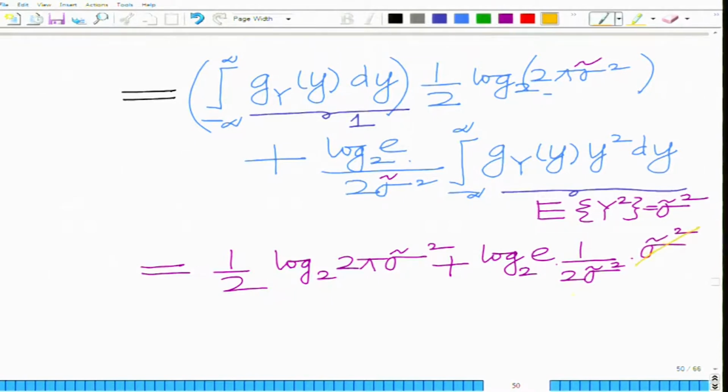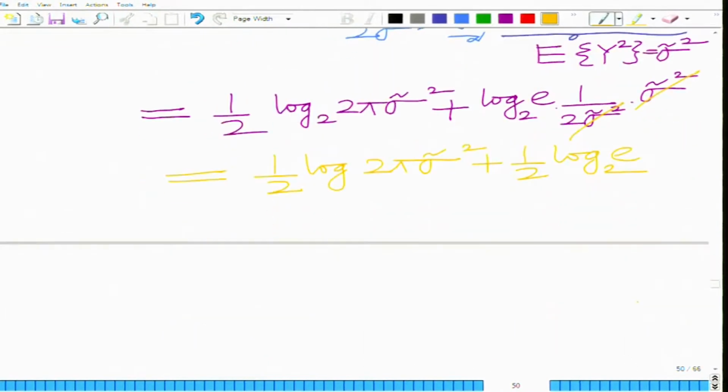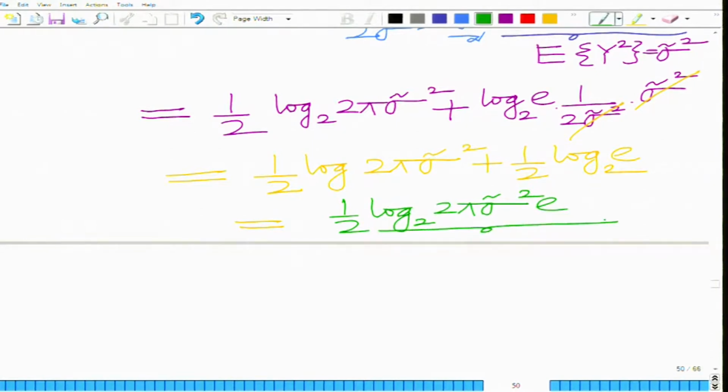Now the sigma tilde squares cancel, and therefore what you have is half log to the base 2 of 2 pi sigma tilde square plus half log e to the base 2, which is nothing but half log to the base 2 of 2 pi sigma tilde square e. This is nothing but the differential entropy of the Gaussian source.